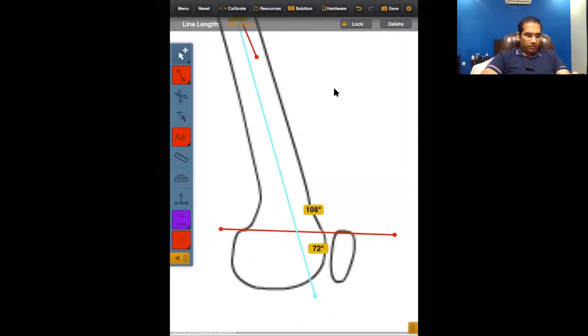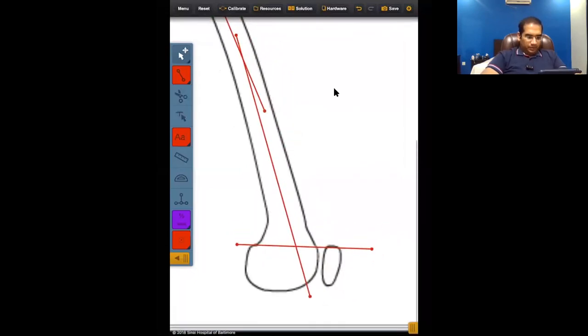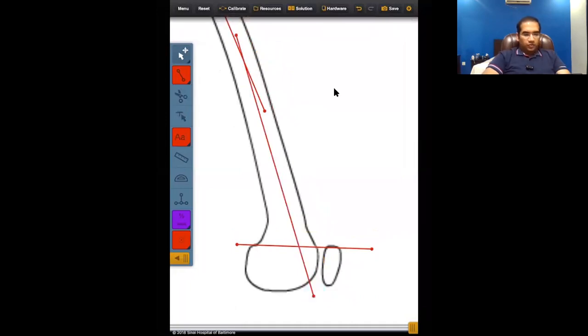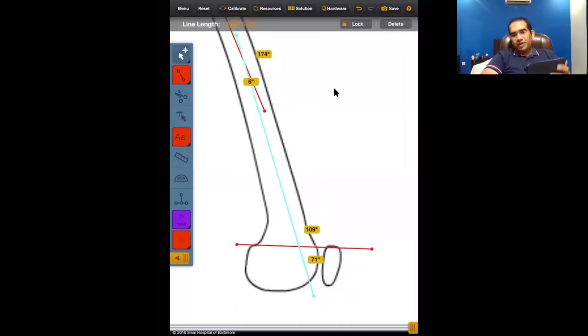So now I know that there is a deformity in the femur and the angle is low. The mid diaphyseal angle is normal, so the deformity is in the distal femur.